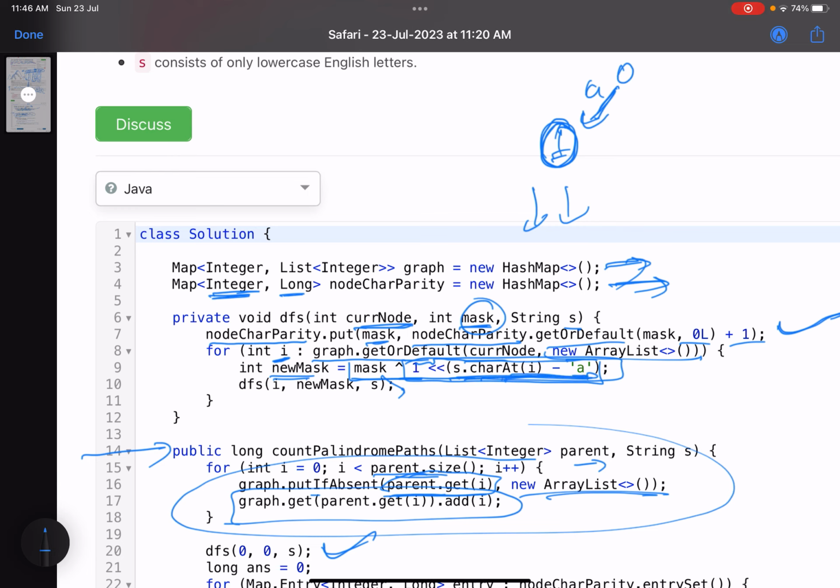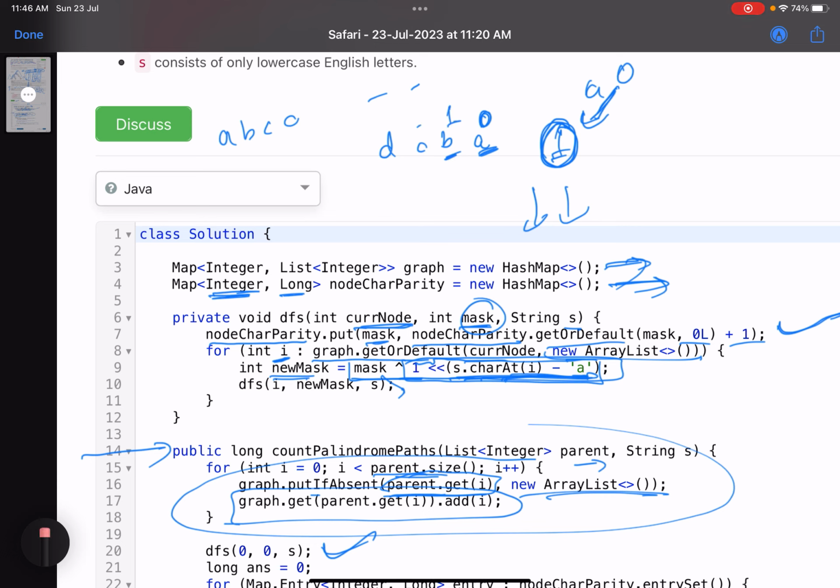What does this mean? In the examples I've shown you, it's A, B, C, D like this, but in reality, this is how we implement it. The 0th bit will represent the parity of A, the first bit will represent the parity of B, not frequency, rather parity.